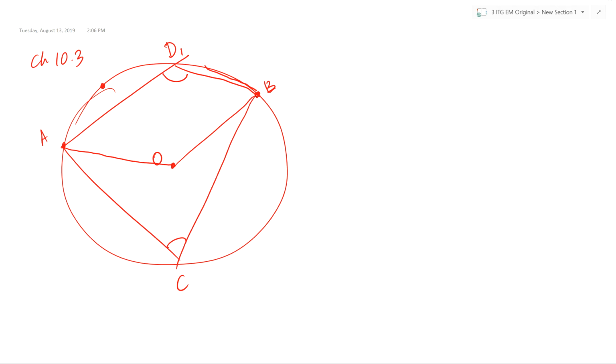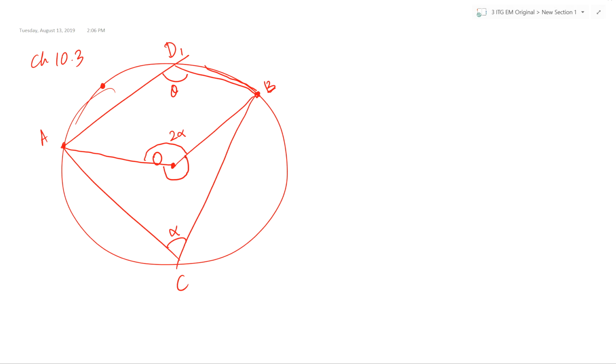Okay? Now, if this one over here is alpha, how much is this? Okay, reason? Angle in center is 2 times angle at the circumference. Okay, good. What about, just now we said this was theta, right? How about this angle? Is it 2 theta?